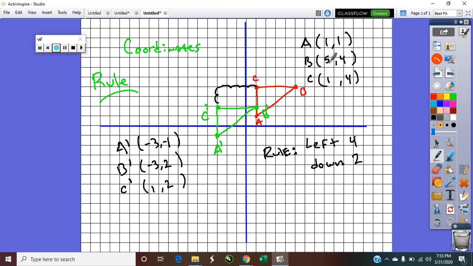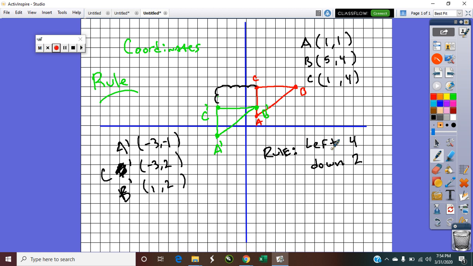For example, on B, if I go left 4, that means I'm subtracting 4, right? So if I went subtracting 4, what did I have? Oh, I realized that I put B here, and that should be C, and that should be B. Sorry about that.